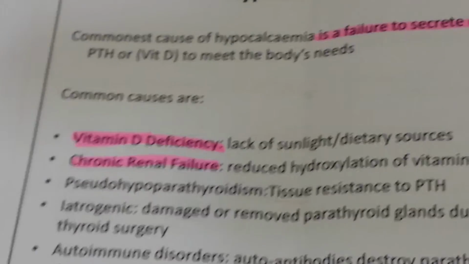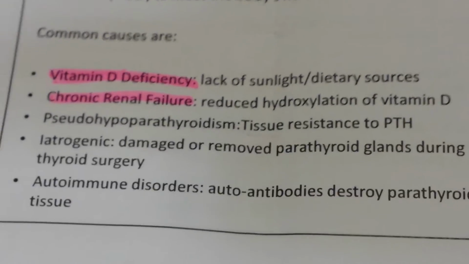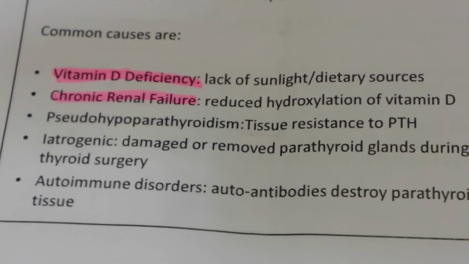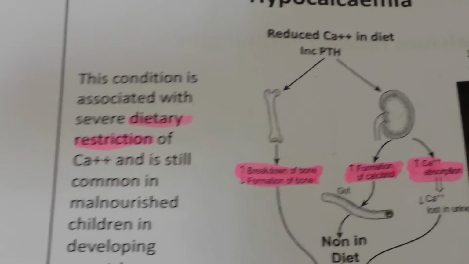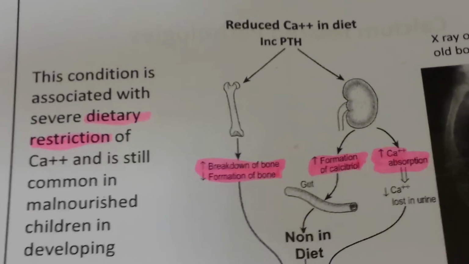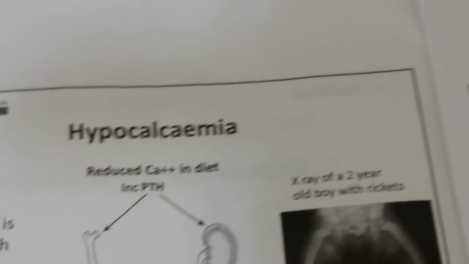Calcium-related pathologies. Hypocalcemia: common causes are vitamin D deficiency, chronic renal failure, pseudohypoparathyroidism, and iatrogenic causes. The condition is associated with severe dietary restriction of calcium and is common in malnourished children in developing countries.